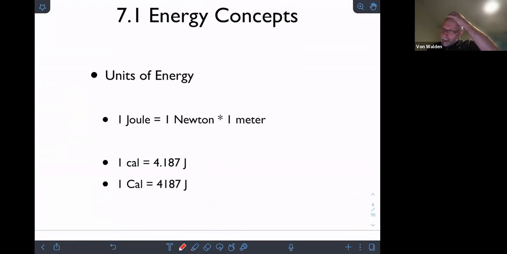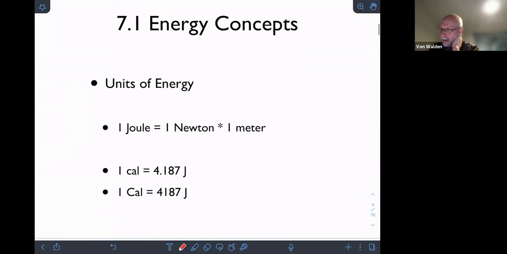So you probably have seen this before, that units of energy are basically a force times the distance, and the SI unit is 1 Newton times a meter, which is a joule. Joule is a guy's name who figured this stuff out. One of the traditional units of energy is the calorie. Now, you need to be careful when you're using calories, because there's a difference between a little c and a large C. This is the calorie that we see on our food.